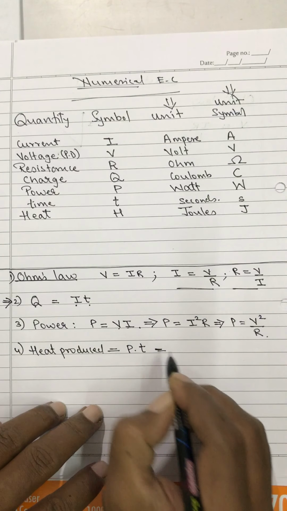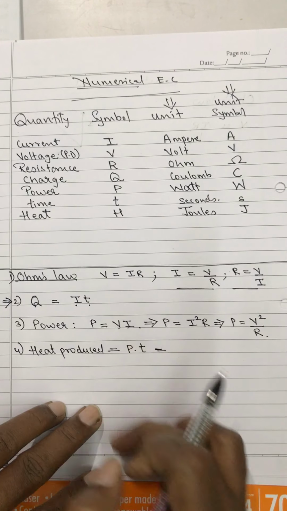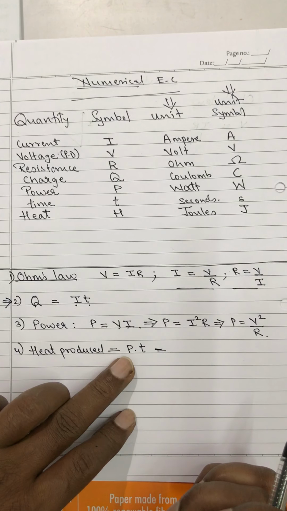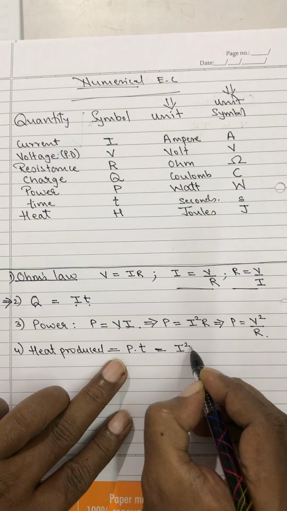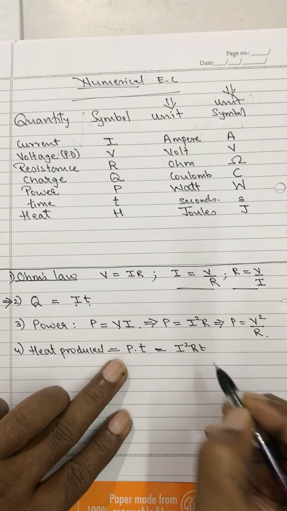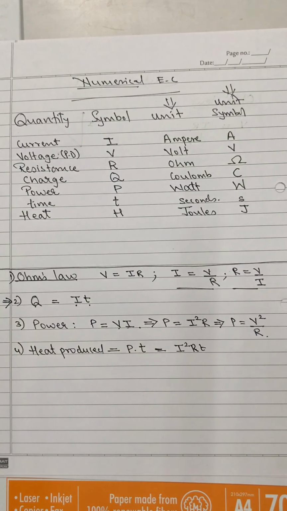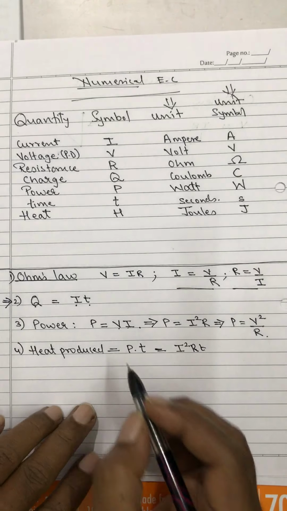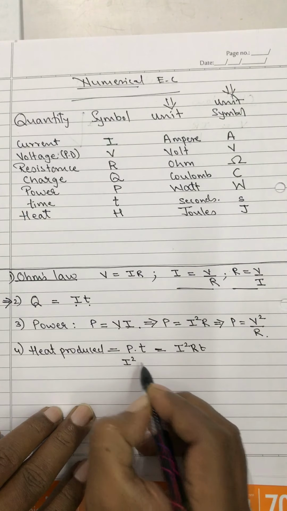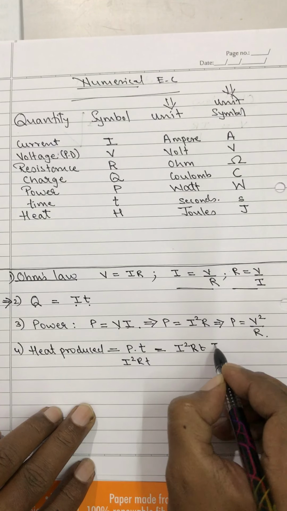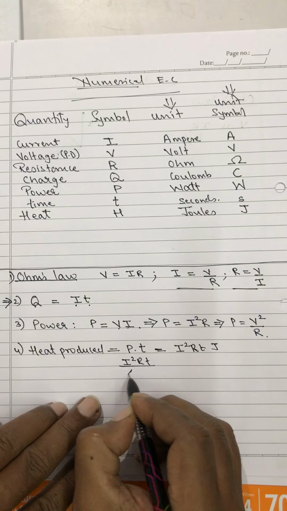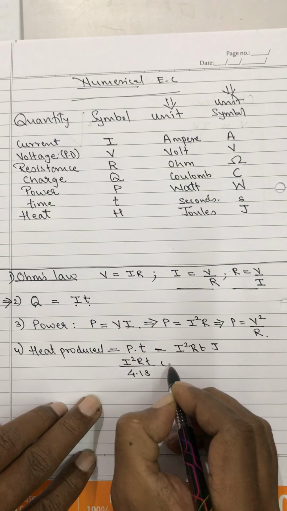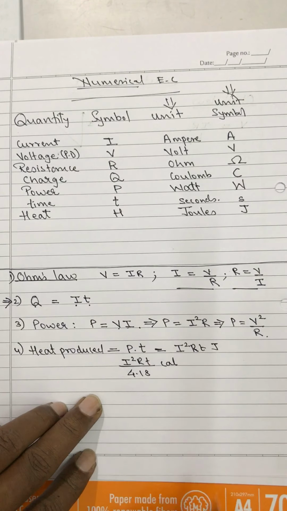And because we have got lots of other formulas for power, the simplest one is H is equal to I square RT. This is also one formula, in joules. I square RT, these are all in joules. Same I square RT upon 4.18, I suppose, gives calories.